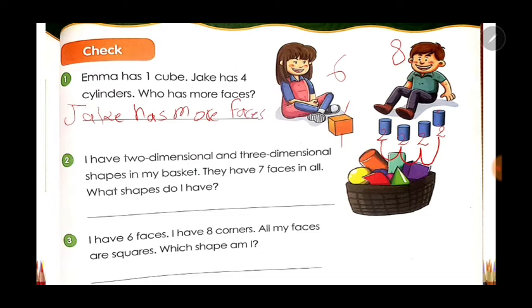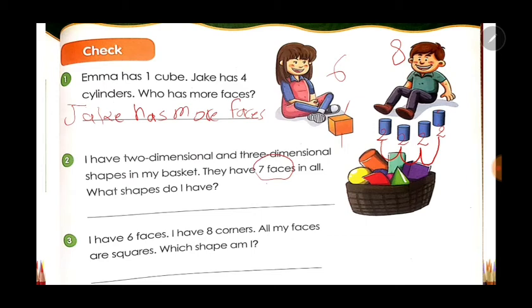Number 2. I have 2-dimensional and 3-dimensional shapes in my basket. They have 7 faces all together. What shapes do I have? Let's see here.